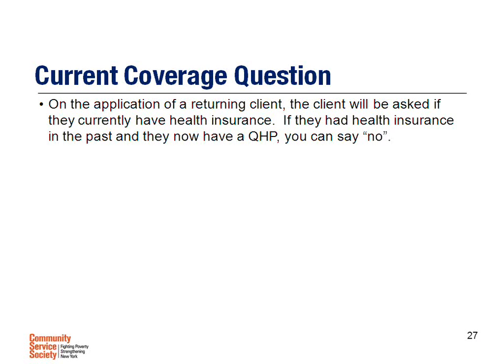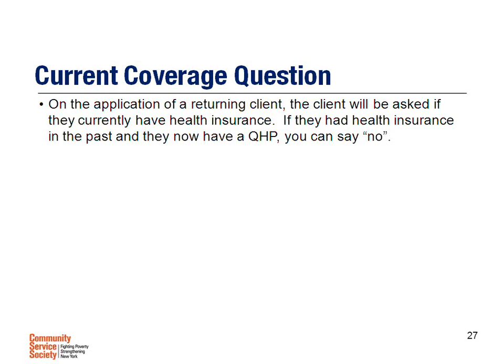On the application, when you have a returning client and you're rerunning the application because maybe you have to update information, the client will be asked, do you currently have health insurance? You might be re-enrolling the client because, yes, they had a QHP. You can go ahead and say that the client does not have health insurance in order to move forward.